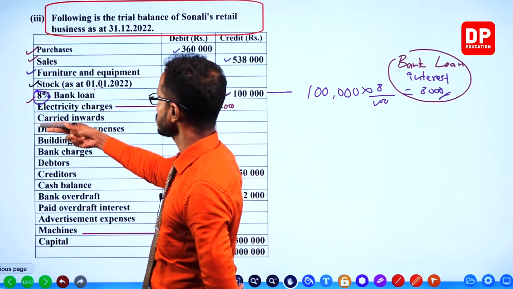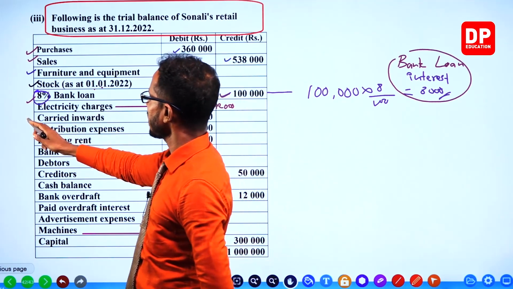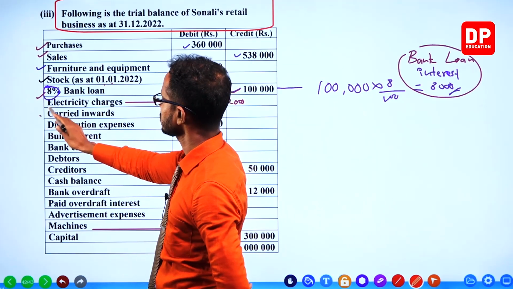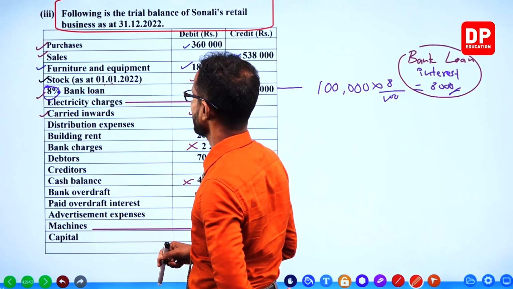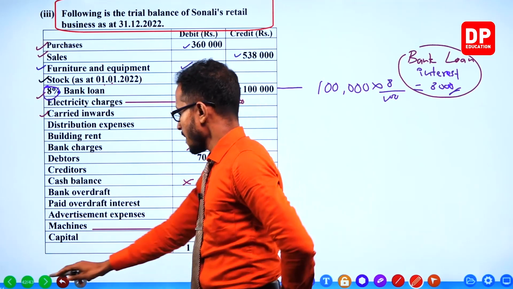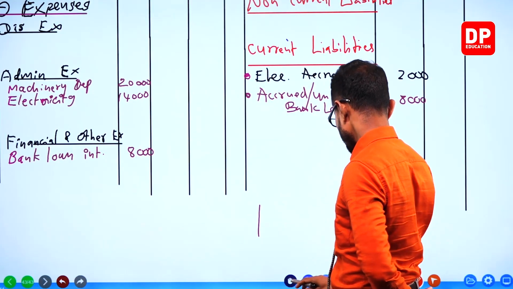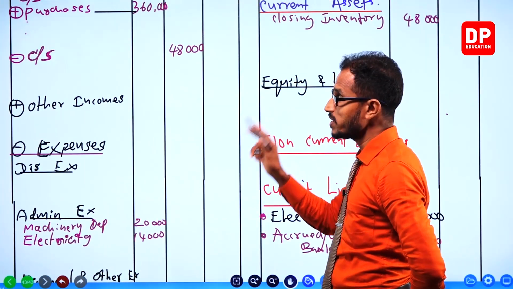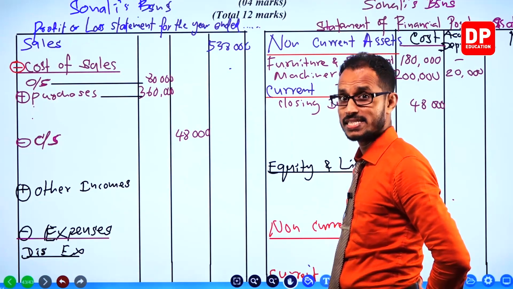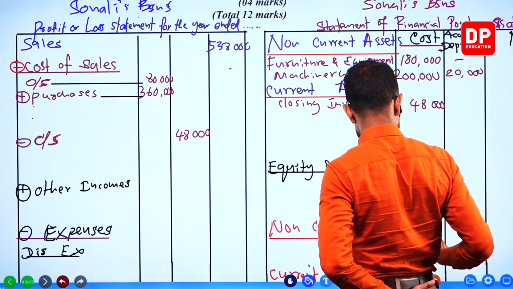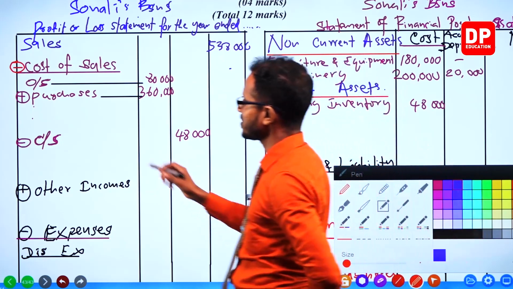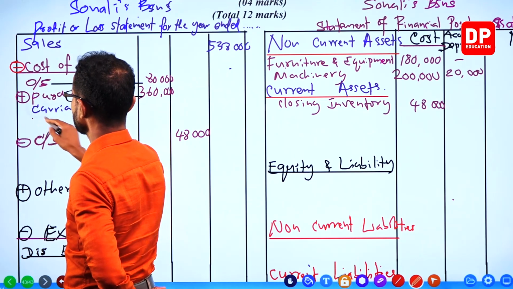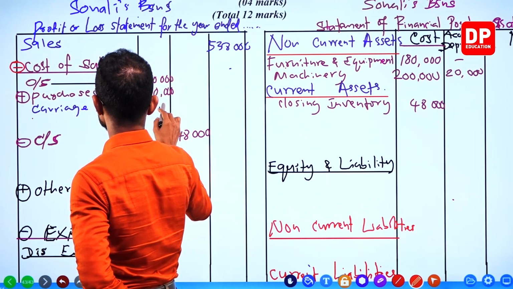Of course, so many items. Electricity charges we took. Carriage inwards we should take, 18,000. I told you to keep some space for purchase related expenses. Now we get a purchase related expense. Yes, that is carriage inwards, 18,000, right?